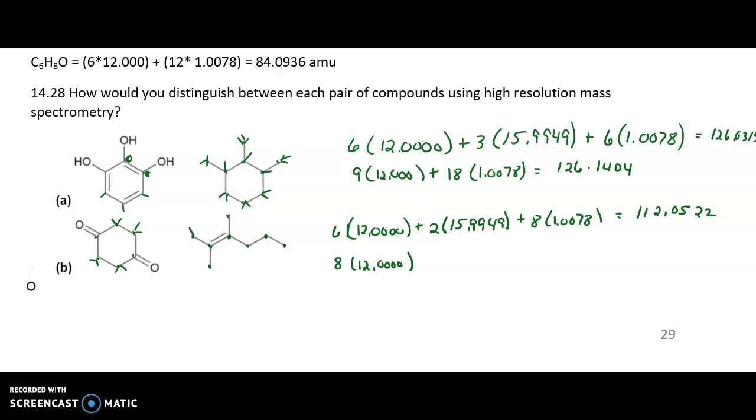And they'll have 3 hydrogens here, 3 hydrogens here, 3 hydrogens there. And so that's 9, 10, 11, 12, 13, 14, 15, 16. And this gives us 112.1288. So by carrying out our calculations this long, we're able to distinguish between compounds that are very close in molecular weight.